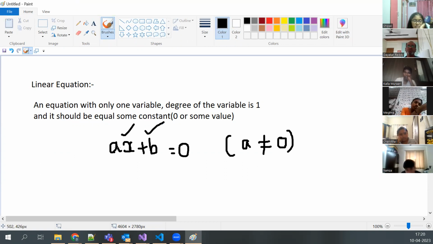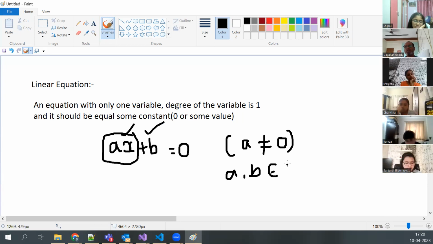If a becomes 0, then this whole term will become 0, and you will have only a constant. So that's the reason a should not be equal to 0. And a, b belong to real numbers. It might be a negative number, a positive number, or a fraction also. That's the meaning of a, b belonging to real numbers.